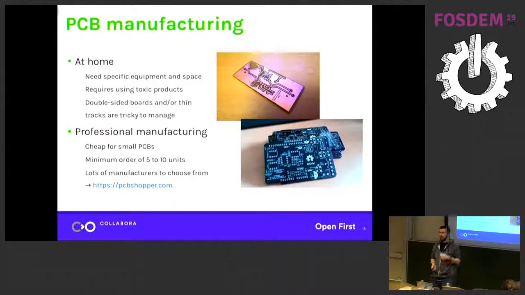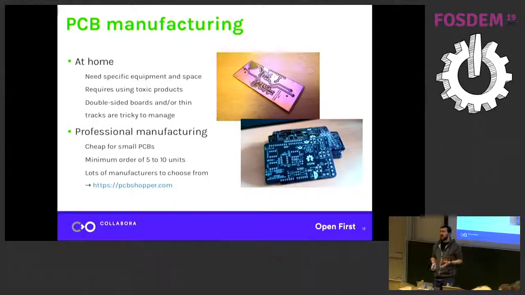You have lots of it now. It's really cheap for small PCBs. You can have 5 by 10 centimeters PCBs. It would cost something like 20 euros for 10 pieces, including the shipping costs. The drawback is that you have to order generally 5 to 10 PCBs minimum.